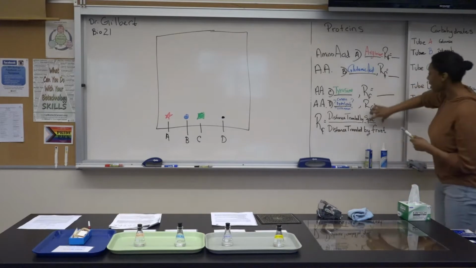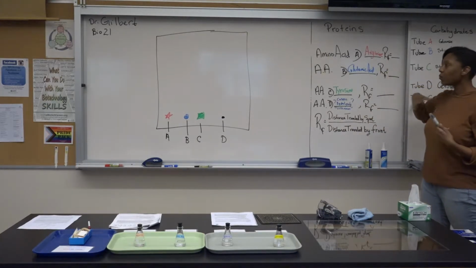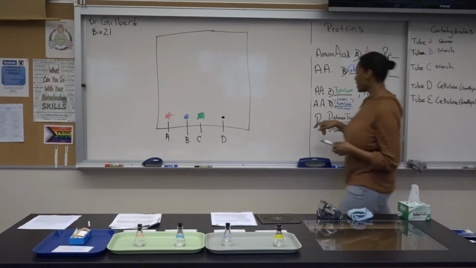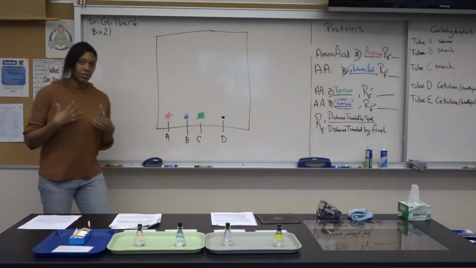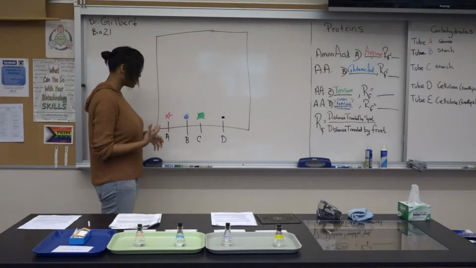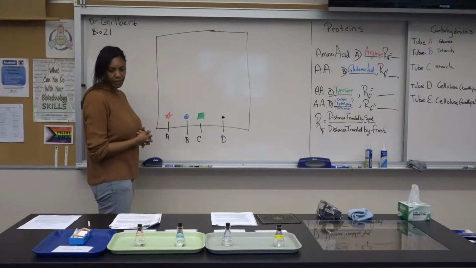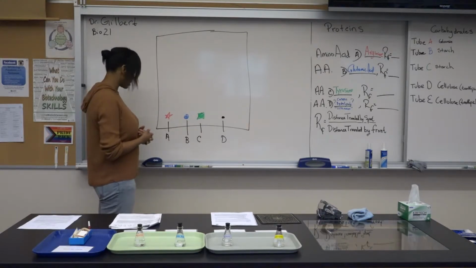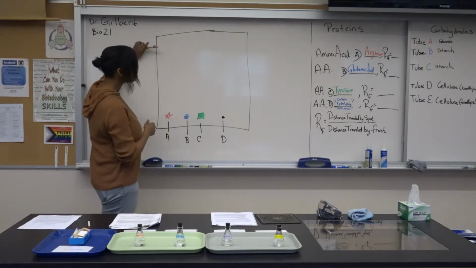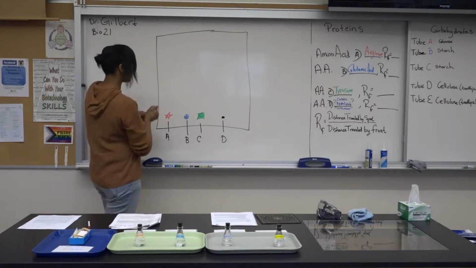Now you see these RFs that I have here. This is what we're measuring on the chromatography. So we're measuring the distance traveled by the spot over the distance traveled by the solvent front. So for something that maybe is really tiny, like arginine, I believe, we would expect it to travel up the sheet faster than our larger molecules.